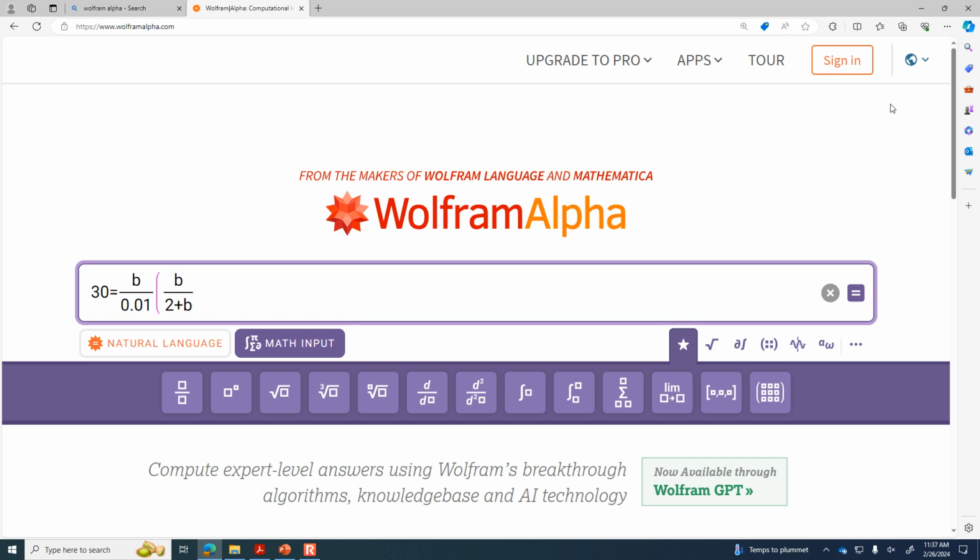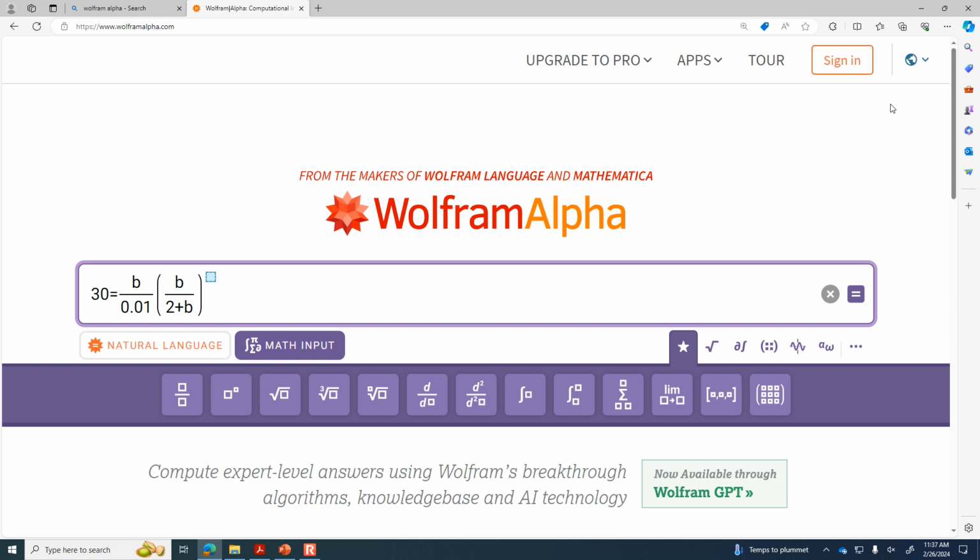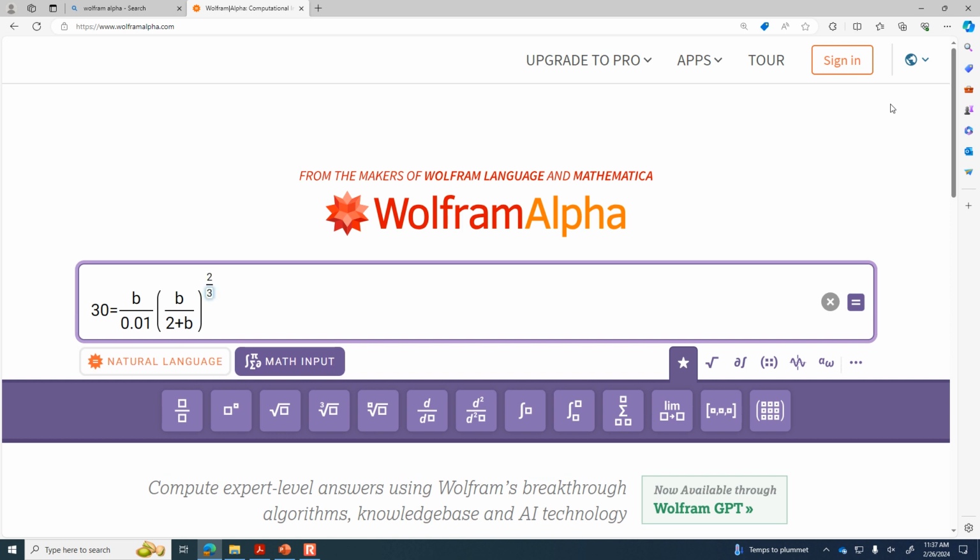Right arrow, parentheses. Now I'm going to use that shift 6, which is the little hat, that gets me into the exponent, to the power of 2/3, right arrow, and then parentheses 0.01 to the power of 0.5.